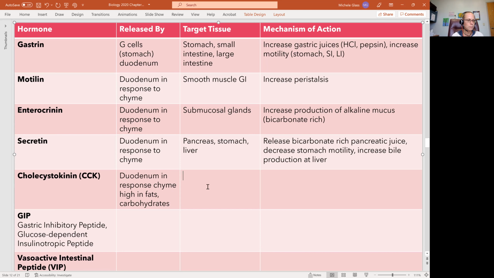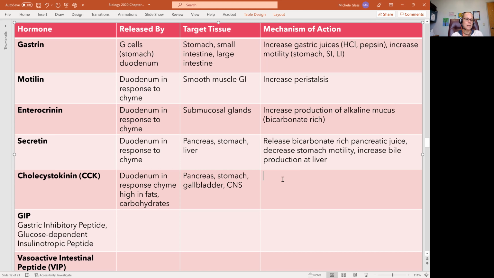Okay. So CCK, we'll see, is talking to several tissues. It's talking to the pancreas. It's talking to the stomach. It's talking to the gallbladder. And also the central nervous system.